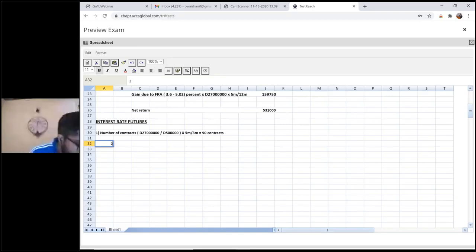Now the second step is to find basis risk.